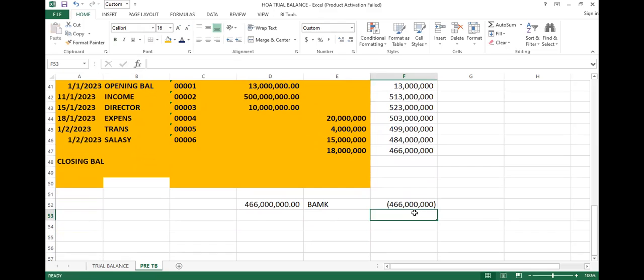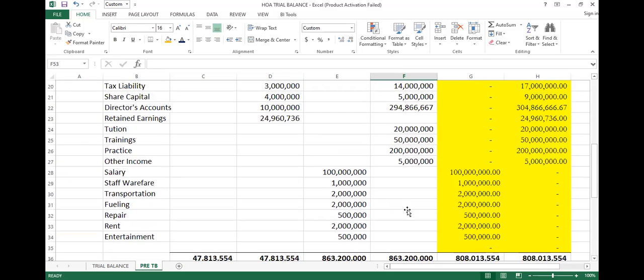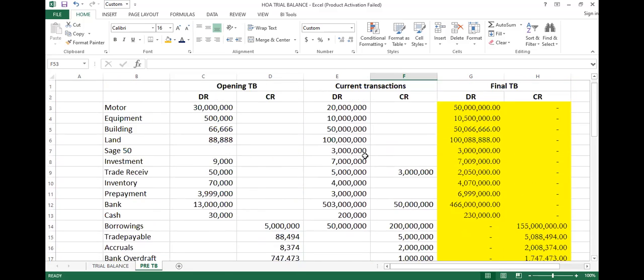Any question, online or physical, as we round up the class? By the time we start the financial statement tomorrow, you will see the essence of this trial balance, and you will see where we'll be picking the figures from, one by one.